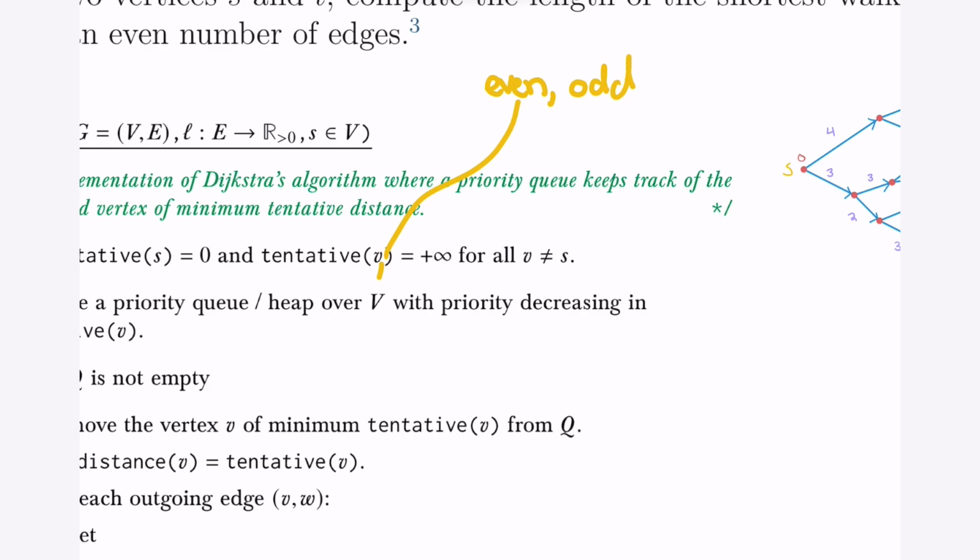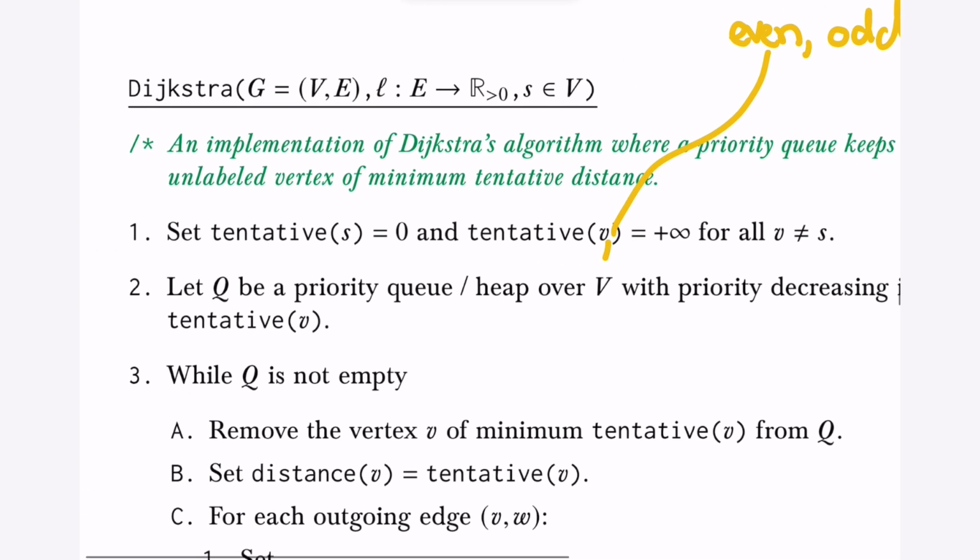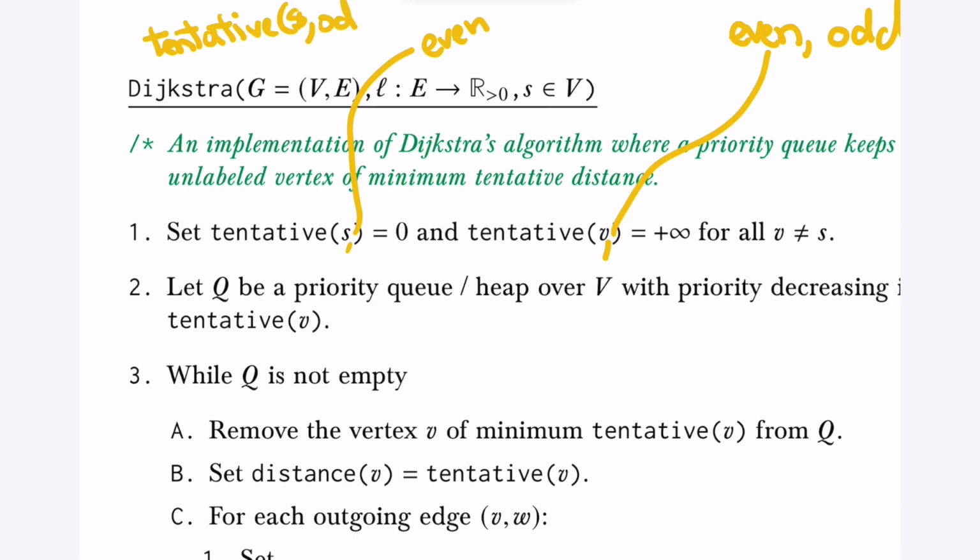So you want to add kind of like v comma even or v comma odd. And I guess s would be s comma even because 0 edges is s. And actually you have to be a little careful because you should probably set tentative s odd to be infinity to start.